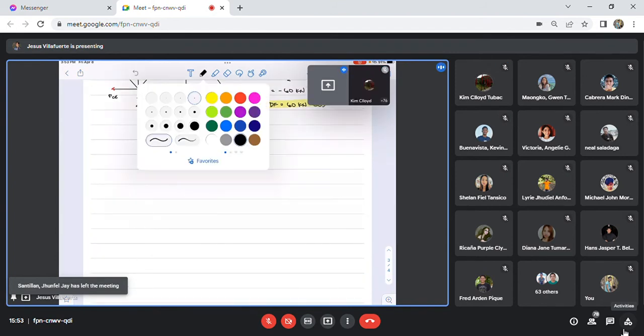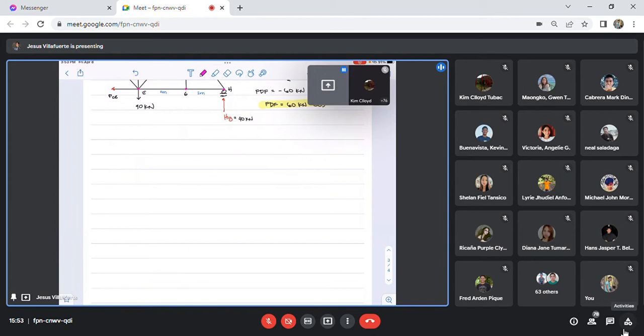So, I'm back. Let's have a little bit complicated truss, and then let's do the method of sections. We need to remove the stuff there on the second floor.